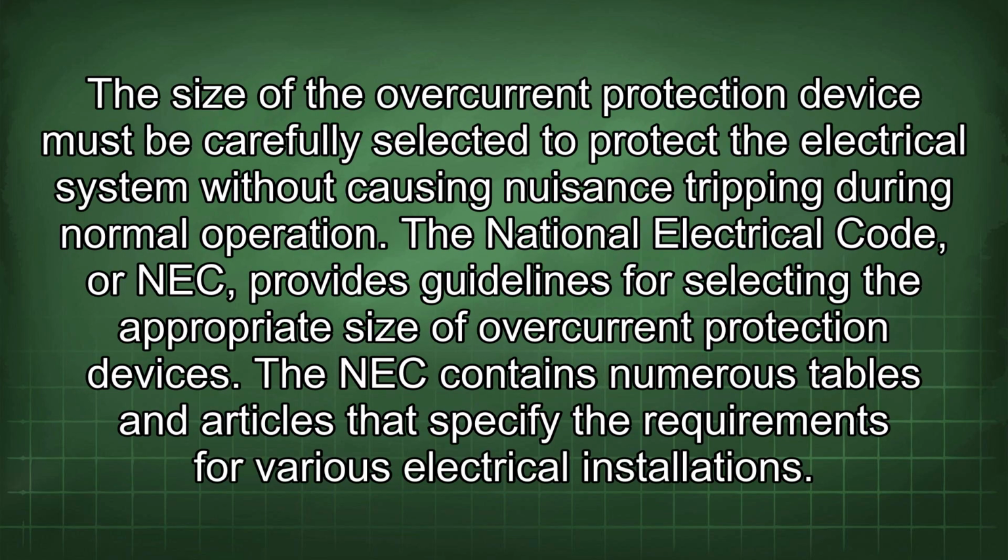The size of the overcurrent protection device must be carefully selected to protect the electrical system without causing nuisance tripping during normal operation. The National Electrical Code, or NEC, provides guidelines for selecting the appropriate size of overcurrent protection devices. The NEC contains numerous tables and articles that specify the requirements for various electrical installations.